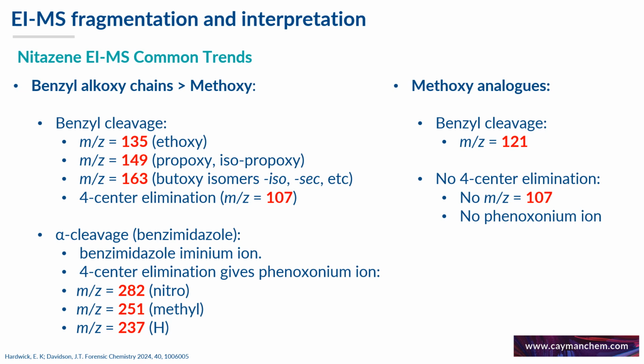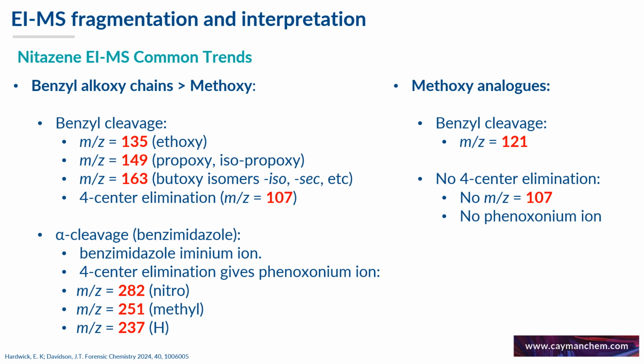If a peak is observed at 107, it is likely from an alkoxy substituent at the para position of the benzylic portion of the molecule. Look for another ion downfield and subtract 107 to find out the formula of the substituent on the oxygen. If a peak is observed at 121 and there's no peak at 107, then you likely have a methoxy substituent on the benzyl portion of the molecule.